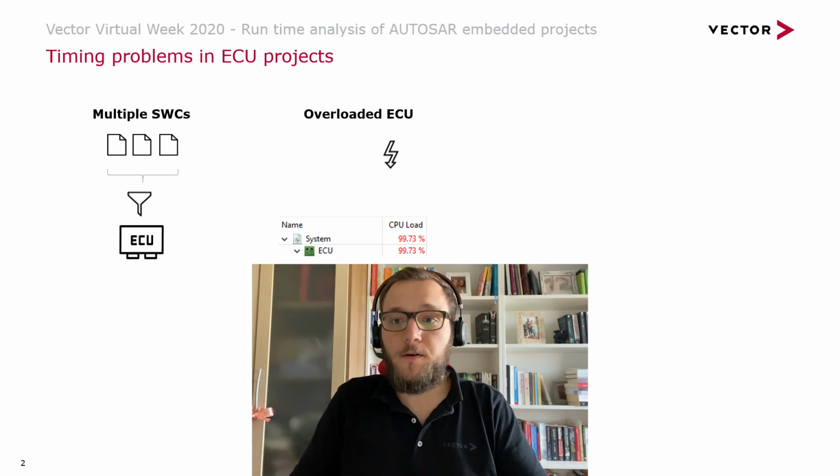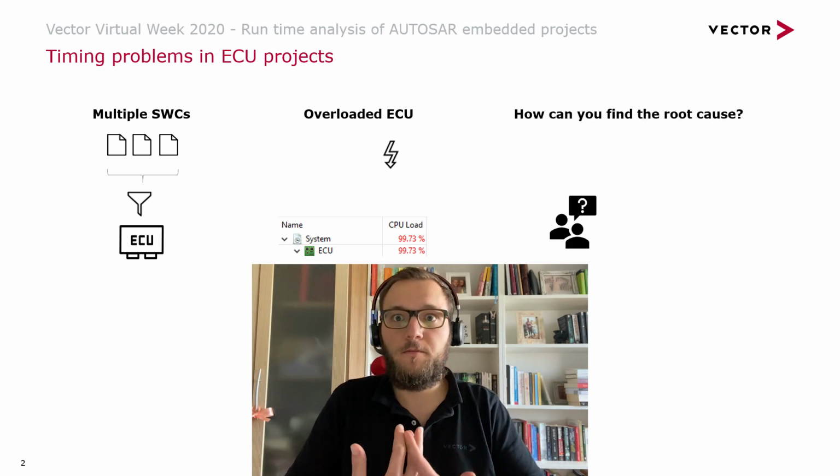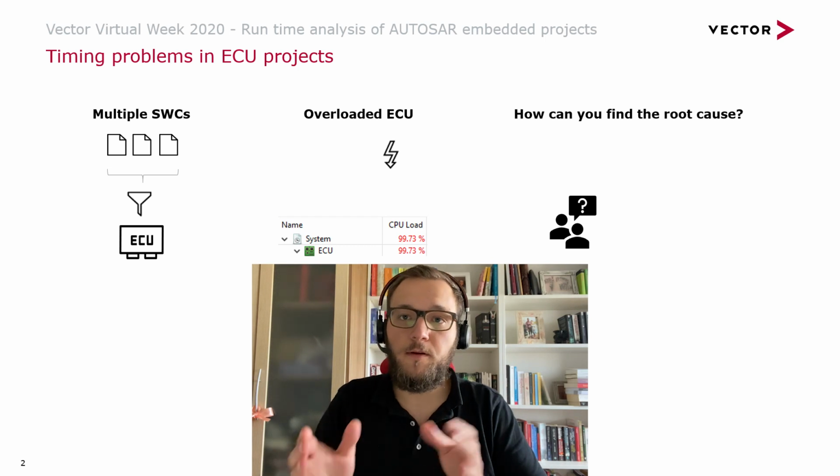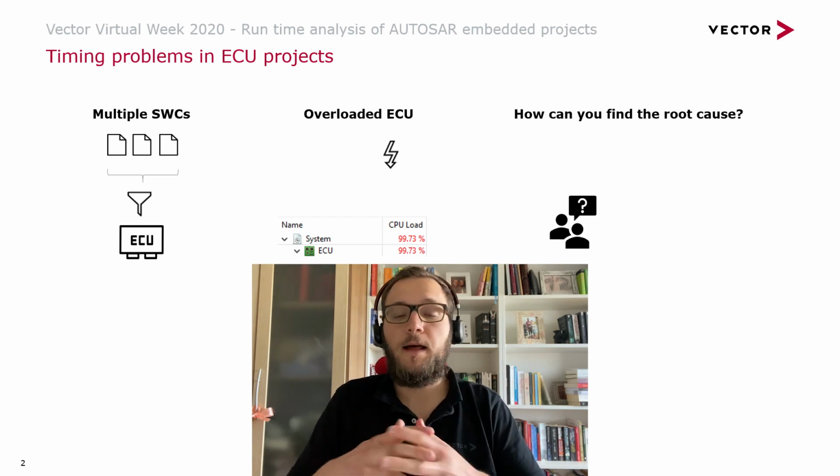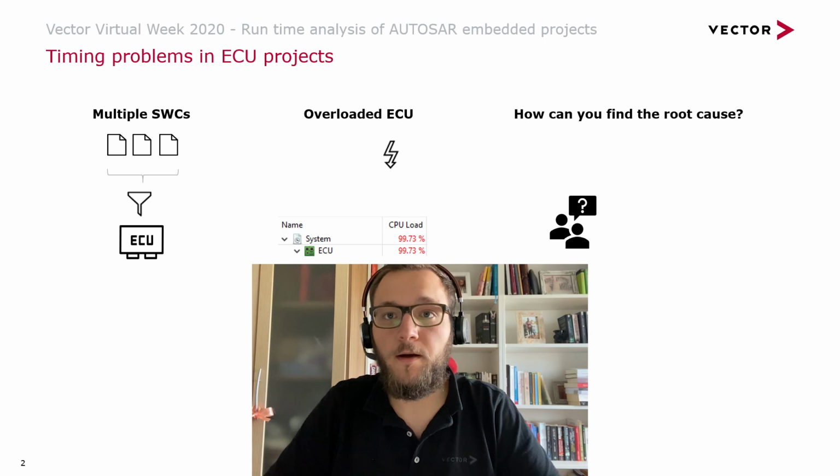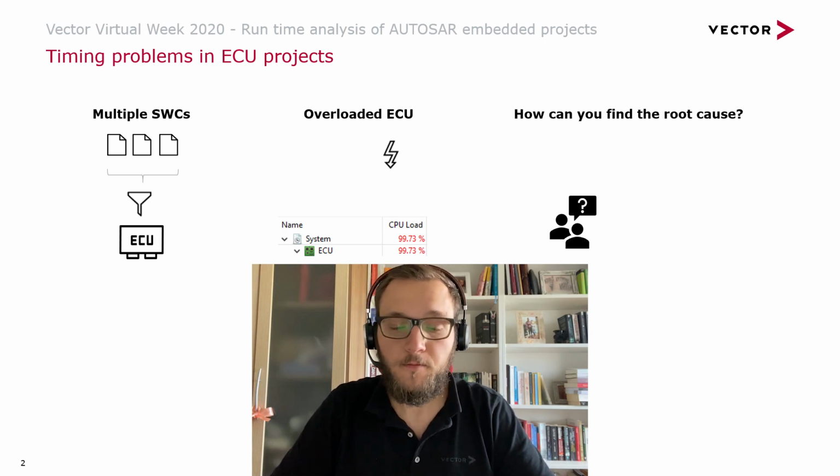And then you face the challenge to figure out what the reason for this is and what you can do against it, so that you can fulfill these functional tests or reduce the CPU load a bit to get below a certain threshold.